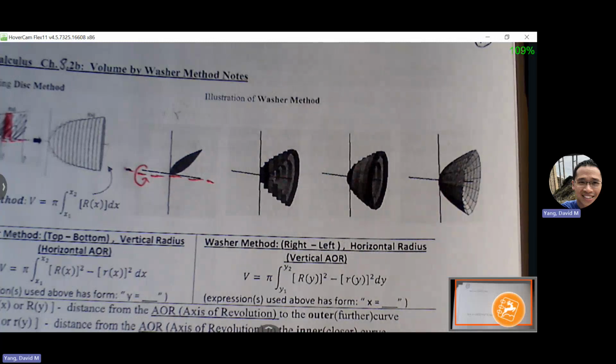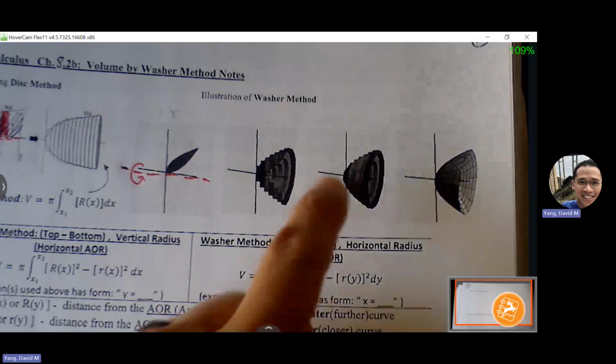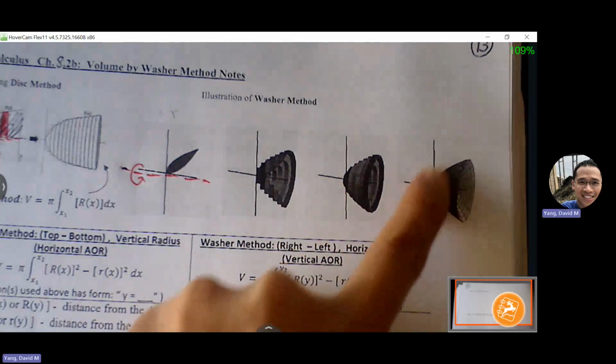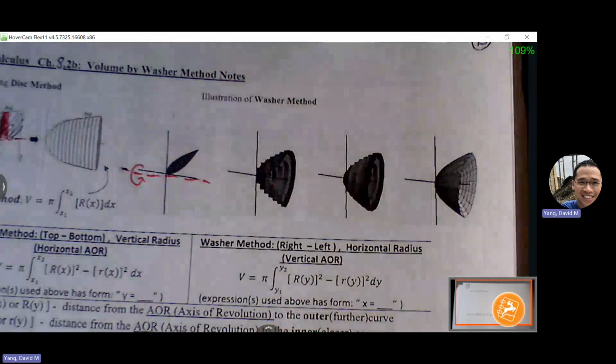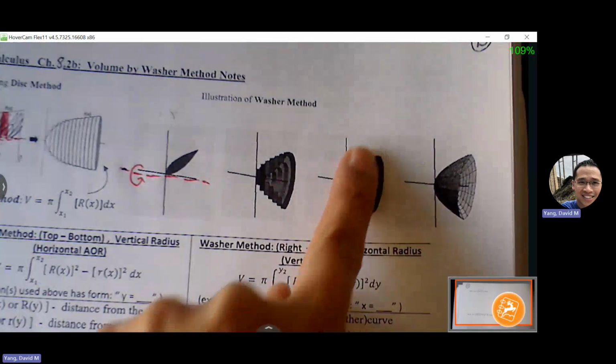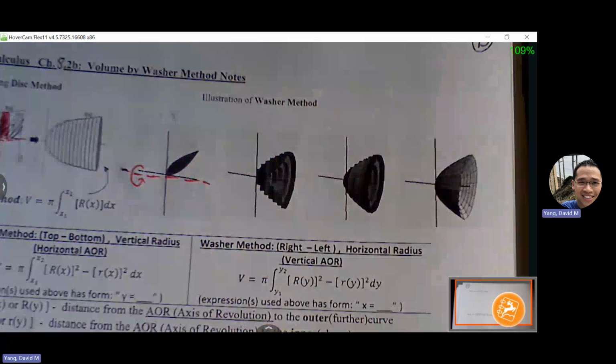Okay. So if you were to slice this object into infinitely thin surfaces, you're going to get this ring shape. You guys see that? If you were to cut a slice out, you're going to get differently shaped rings, and we're essentially finding the area of those rings and accumulating them over the entirety of our interval.